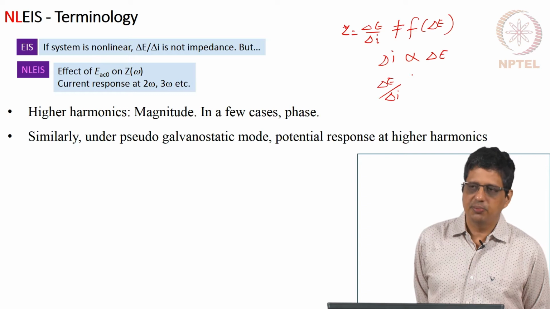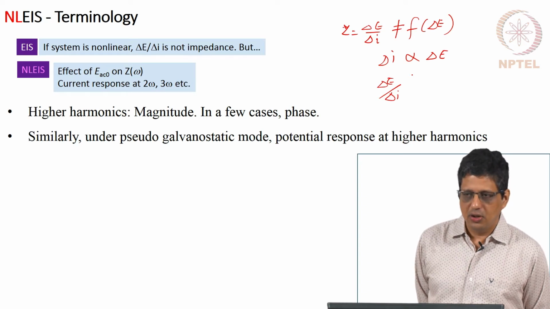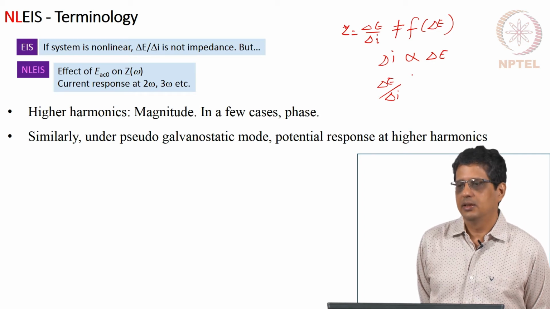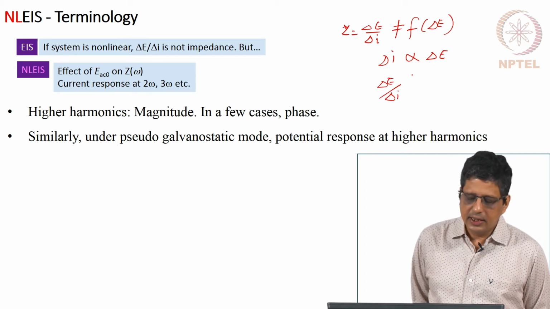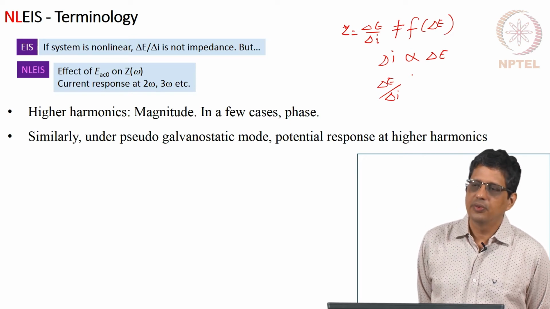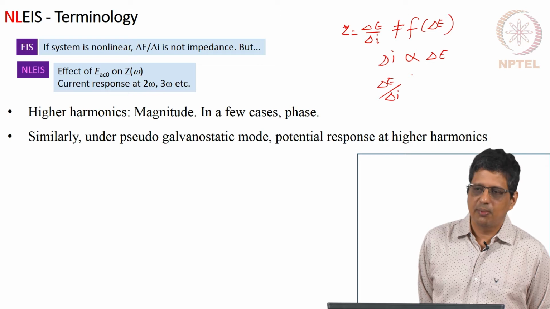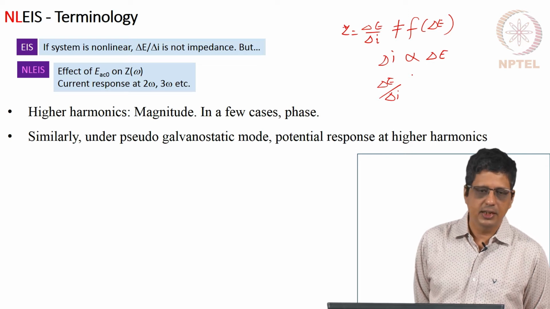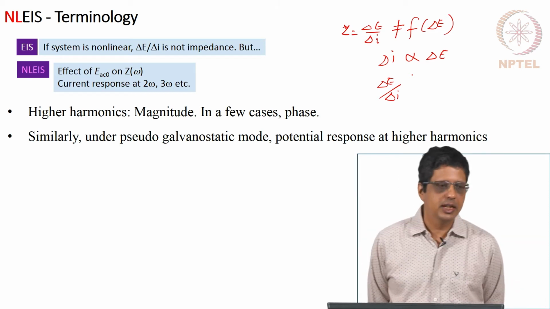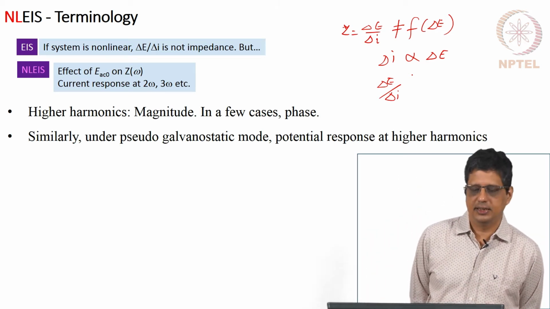When the system response is in the nonlinear domain, we expect significant signal at those frequencies. For example, if I apply a 100 millivolt amplitude sine wave with 5 hertz as the frequency, I will get a response at 5 hertz, but also some response at 10, 15, 20 hertz.